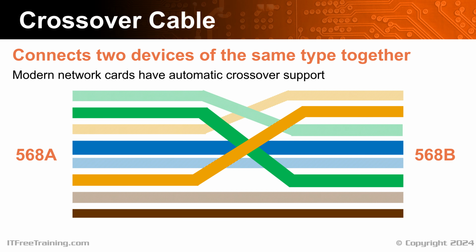This is the reason you don't really see crossover cables used nowadays, as you can simply use a straight-through cable. Therefore, if you inadvertently mix up the termination standards while setting up network cables, modern networking devices are often forgiving, automatically adjusting their transmit and receive pairs to maintain communication.